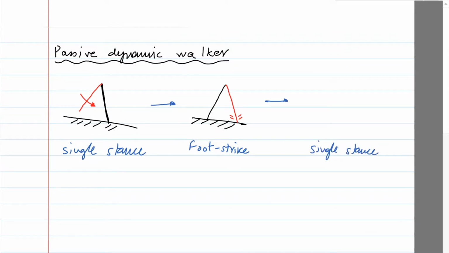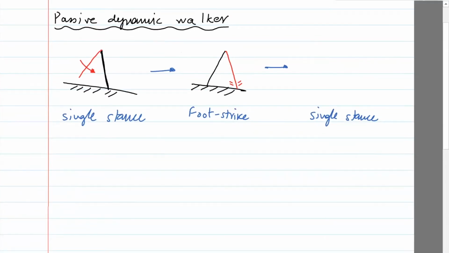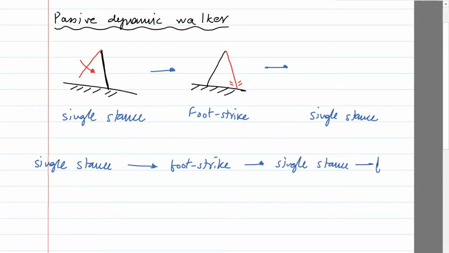Okay, so let's try to identify this through the repeating unit which we talked about earlier. So we have single stance followed by foot strike. Then we have single stance, foot strike. That keeps going on.